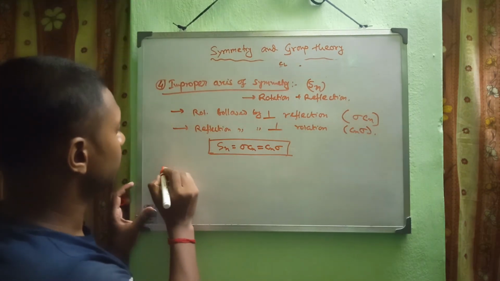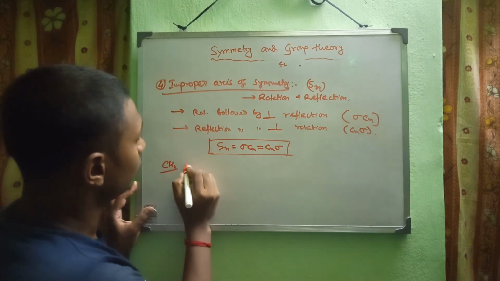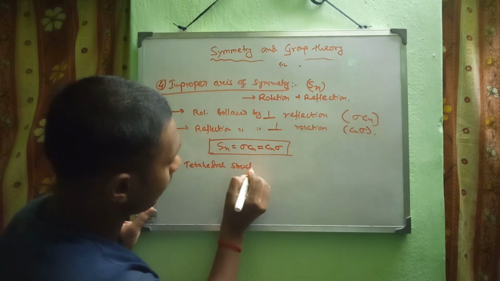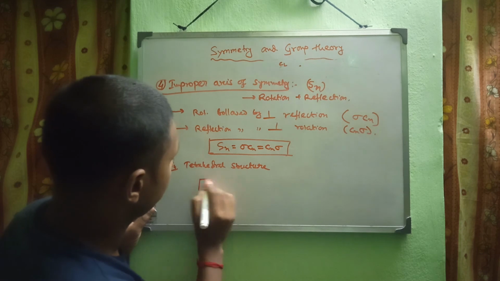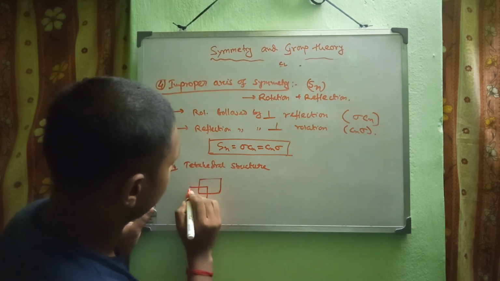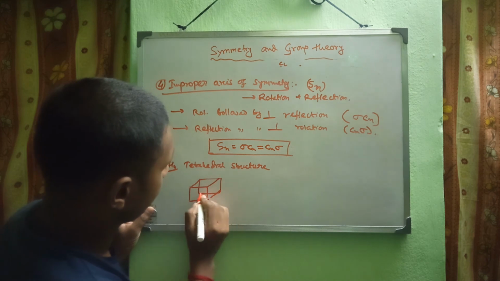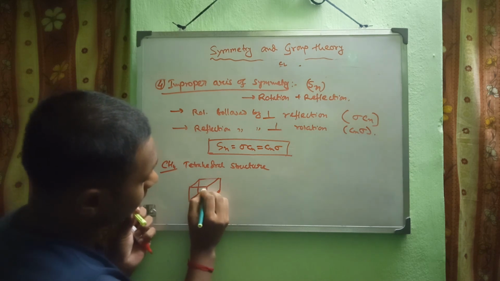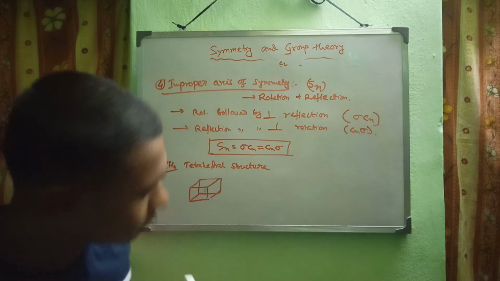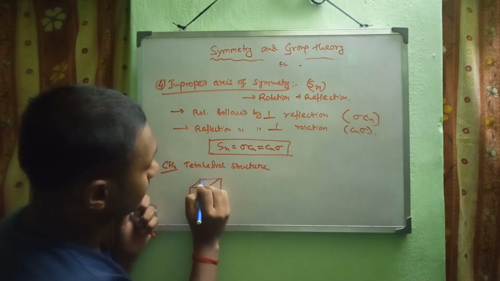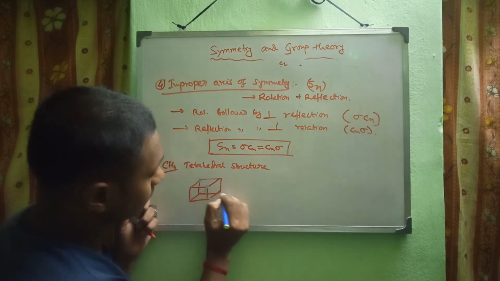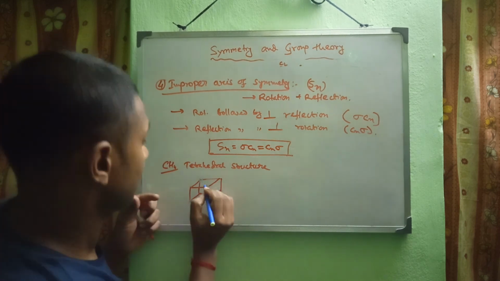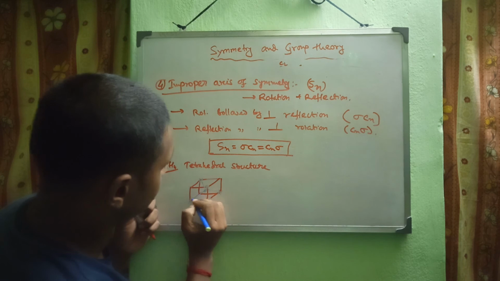For example, if we take the methane molecule, which is a tetrahedral structure, like, if the carbon atom lies at the body center, and hydrogen atoms are placed at alternate corners. So this is the structure of CH4.